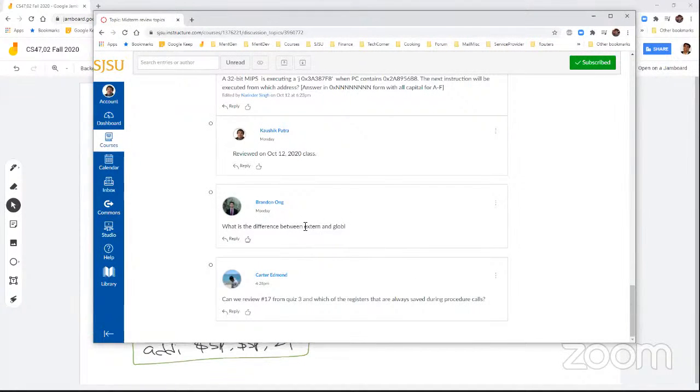Oh, what is the difference between extern and global? So extern is defining a label without initializing them, okay? Without initializing them. And global is kind of making a label marked as global. So what does it mean?